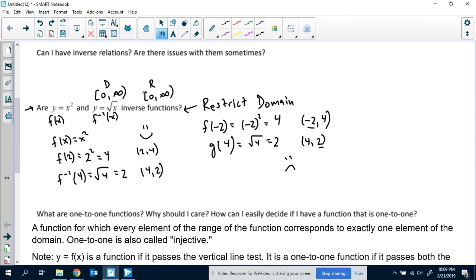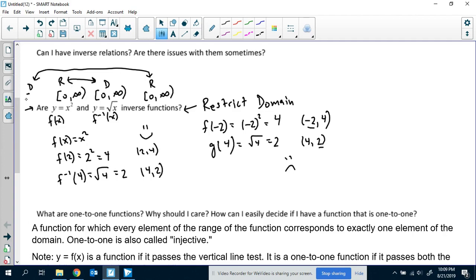Since that is the case, over here, the domain and range must be restricted so that the range of my inverse matches the domain of my original, and the range of my original and the domain of the inverse have to also match.